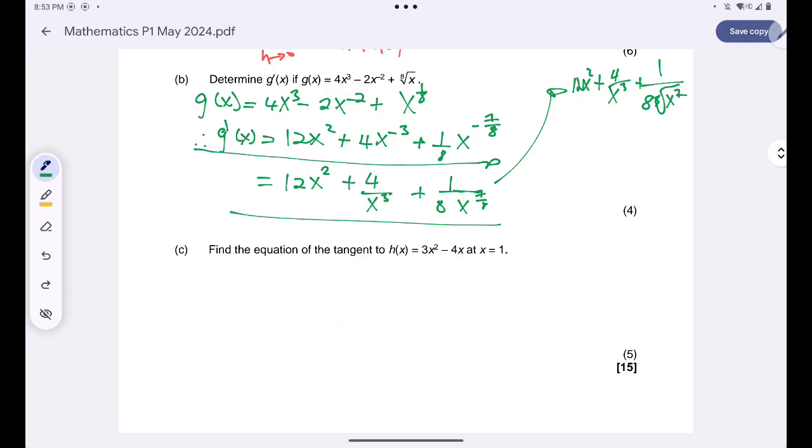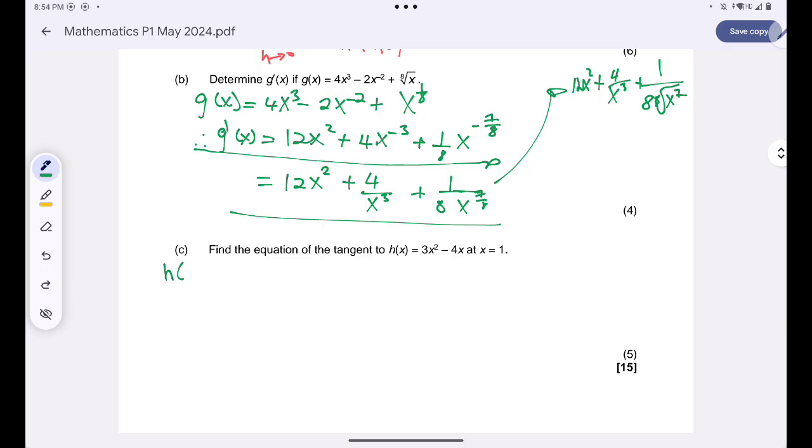So let's do this. For me to find the equation of a tangent, I only need two things. I need the value of the gradient and an extra point, right? So I only have x. I can therefore go and find the corresponding y value.